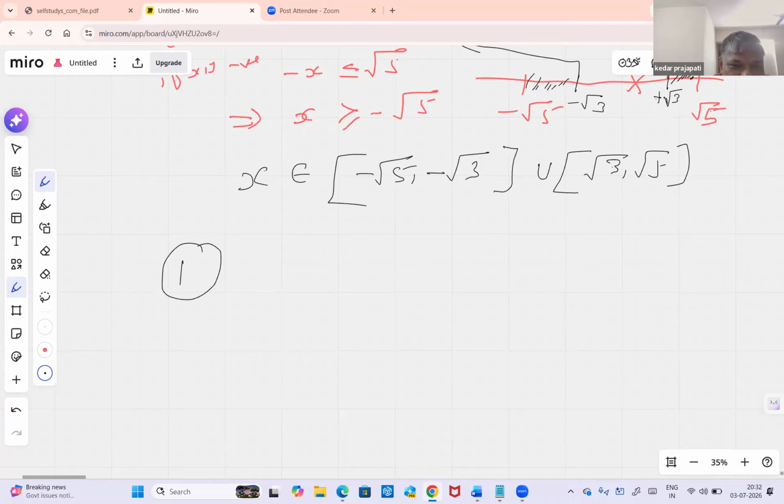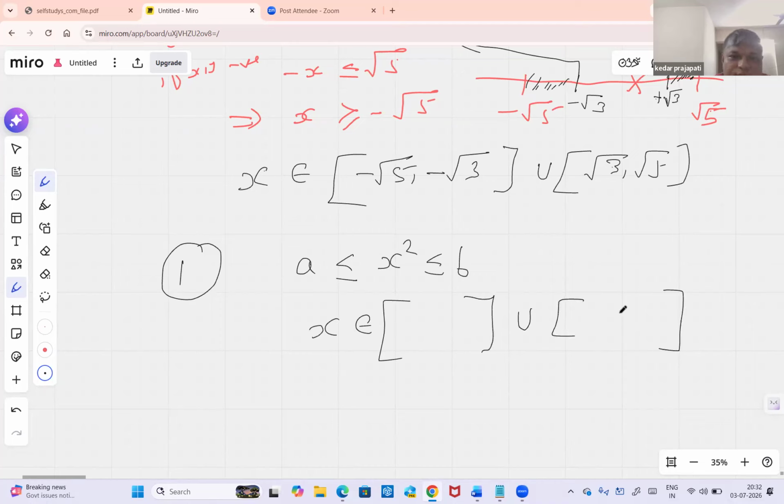If your inequality is like this, a is less than x square is less than b, so your x will be between, see, this one and this one will come together but with minus. Minus root b, minus root a, and plus root a, root b. We have 4 points.